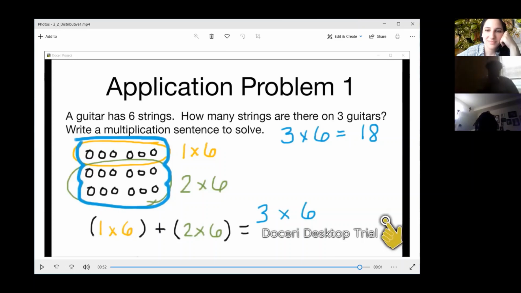So 6 is 6. You slash that out, and so you do 1 times 2.